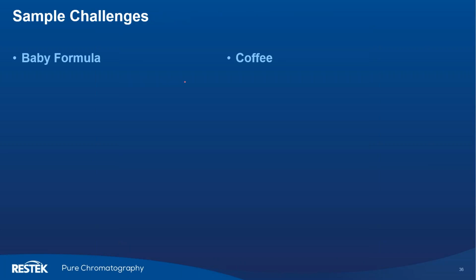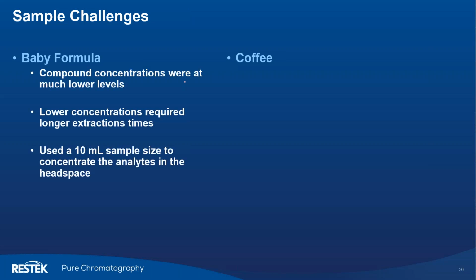So again, some sample challenges that we faced for these different matrices. One, again, the baby formula had compound concentrations at much lower levels compared to the coffee, right? And the lower concentrations required longer extraction times, which you'll see in a second.